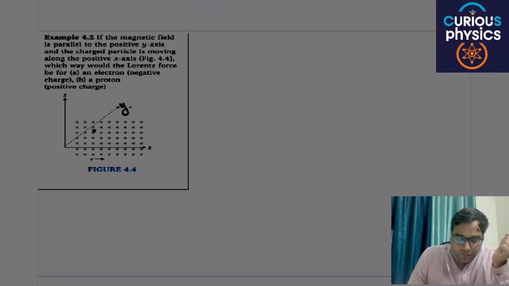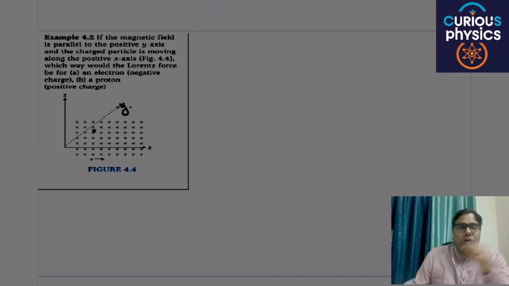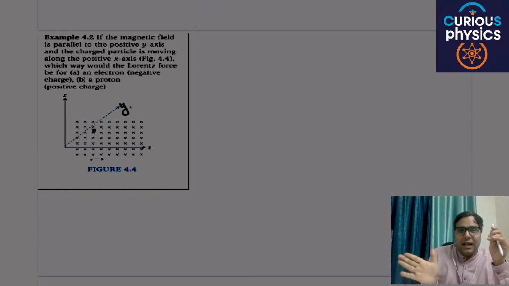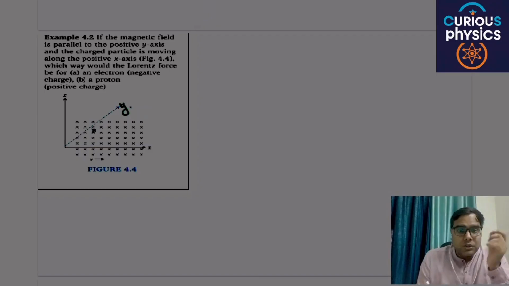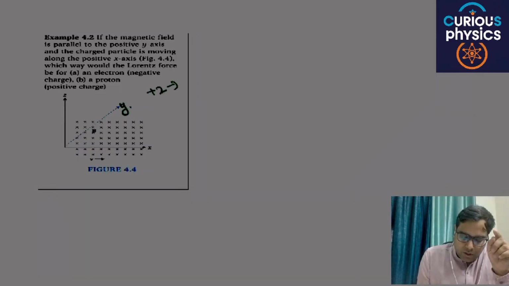You have to find V cross B. V is in x and B is in the inward direction, then force will be in positive Z for a positive charge, positive Z for this proton.